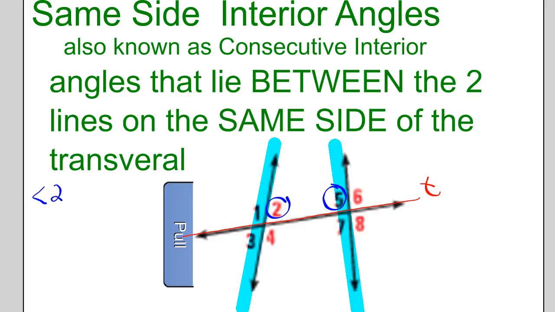So angle 2 and angle 5 are called same side interior. Also angle 4 and angle 7. They lie inside my blue lines, they are interior, and they're one after the other, 4 and then 7. Okay? Pause this if you need to. I'm going to move on to the next vocab word.